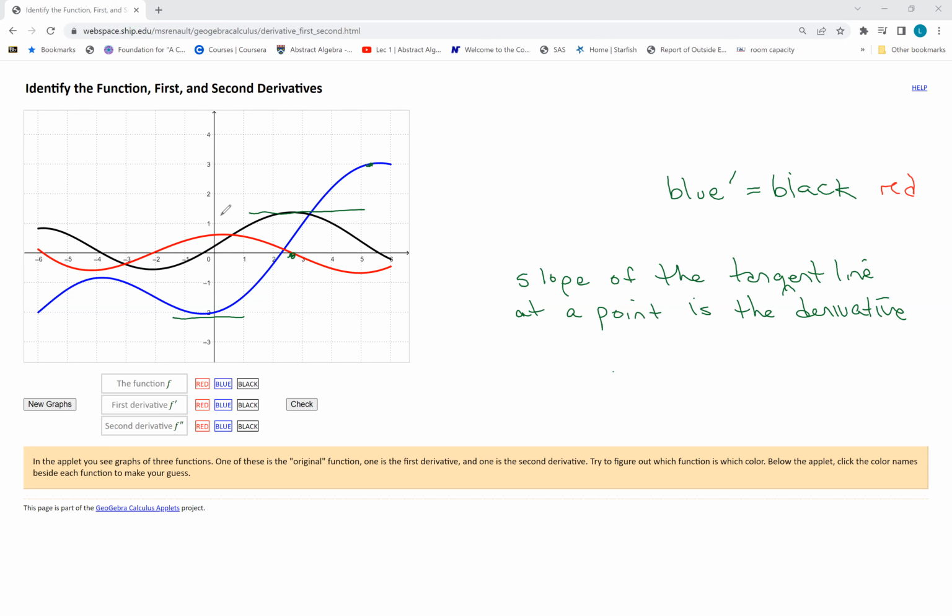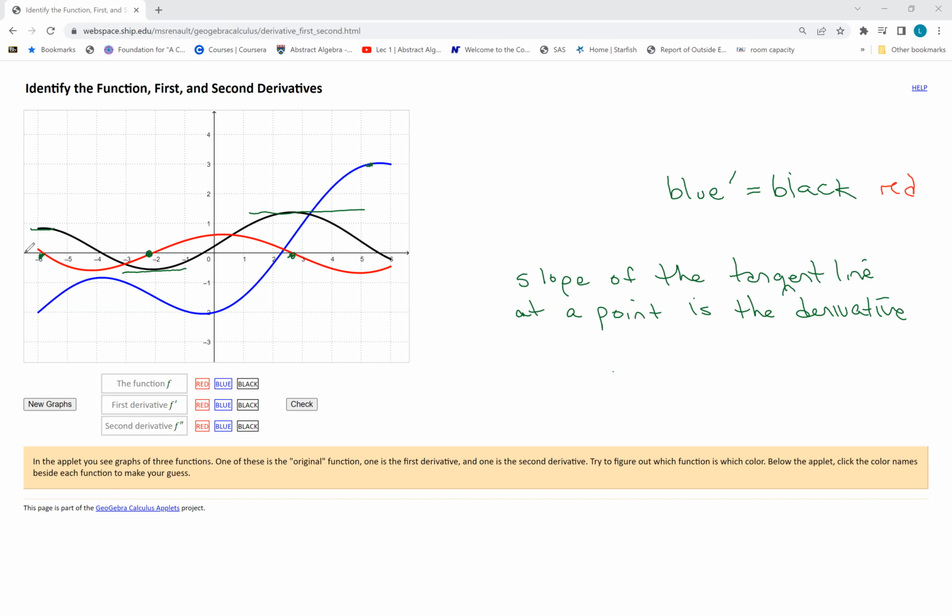Okay, sorry, I think I'm messed up. So the derivative of black, that means here we have another min. So the derivative of black is red, that's true. And yeah, there's another max and there's another 0. Okay, that's looking very positive.